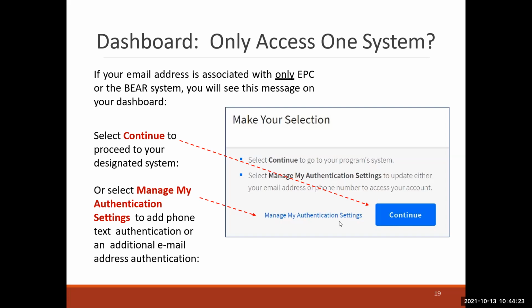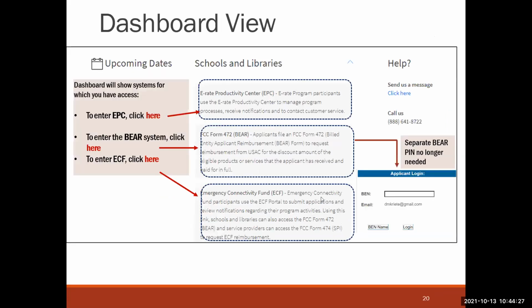If you select continue, you're going to get to your dashboard page. The dashboard page has 3 different options that let you go into 3 different parts of the system. The E-Rate Productivity Center is for filing most of your E-Rate forms.